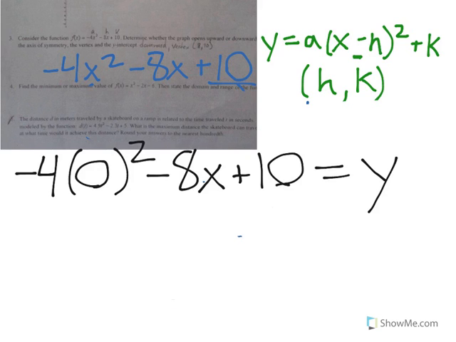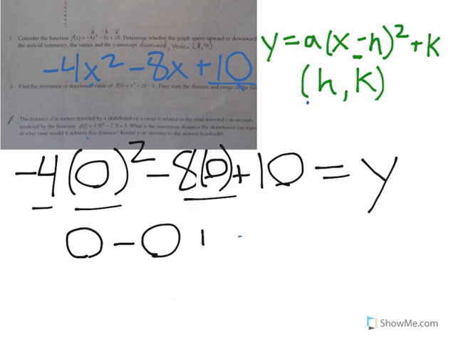Oops, I forgot to plug in 0. Negative 4 times 0 squared, that's going to be 0. 8 times 0, 0. Plus 10. Okay, 0 minus 0 plus 10, 10.